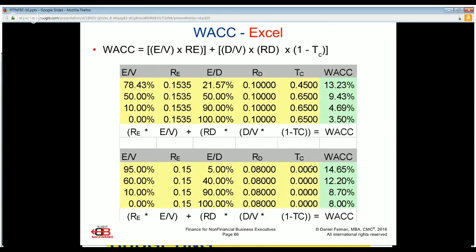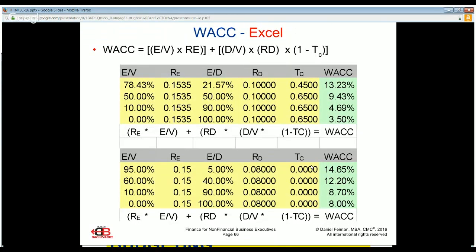R subscript E, that's the required rate of return on equity, or what we've calculated using the capital asset pricing model. In this case, it's 15.35%, same as 0.1535. That's very close to what we had calculated earlier. So if 78.43% of our capital is equity, the cost of equity to us is about 15.35%.